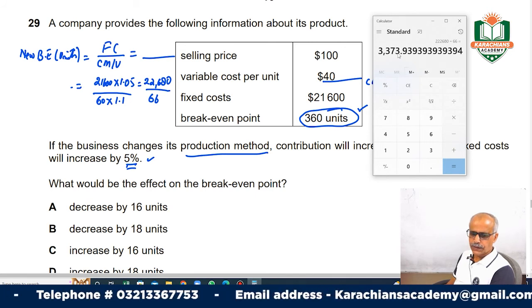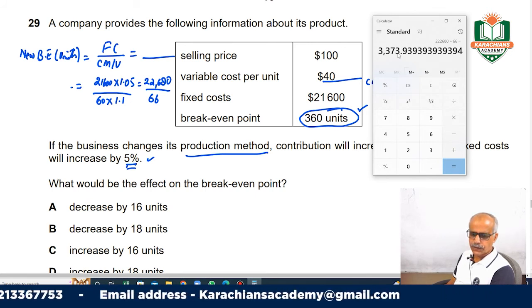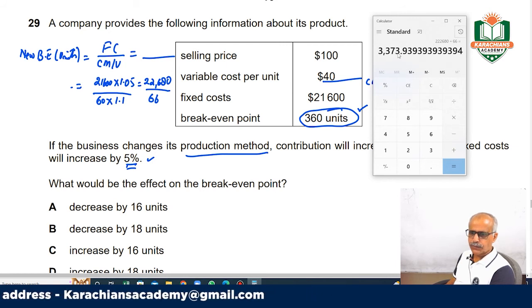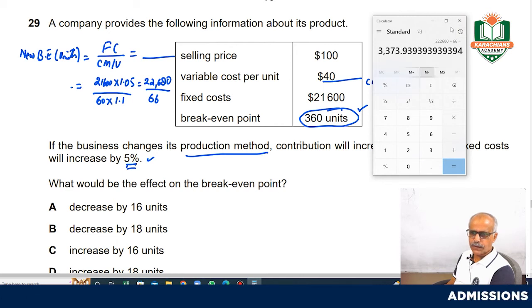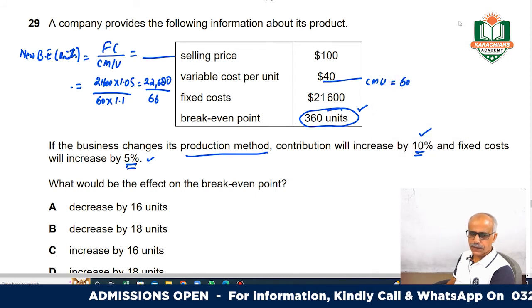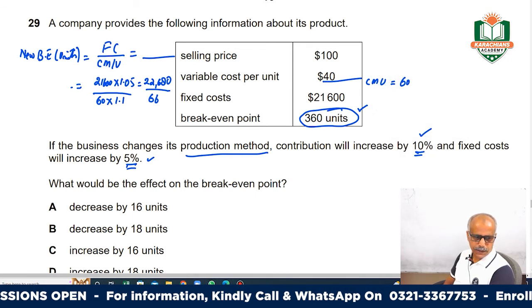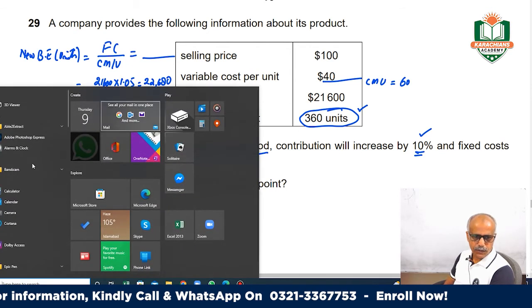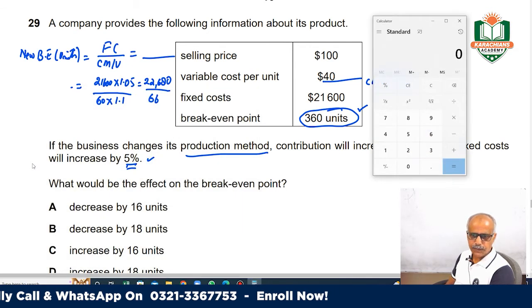Something seems wrong in the calculation, let me check it again.